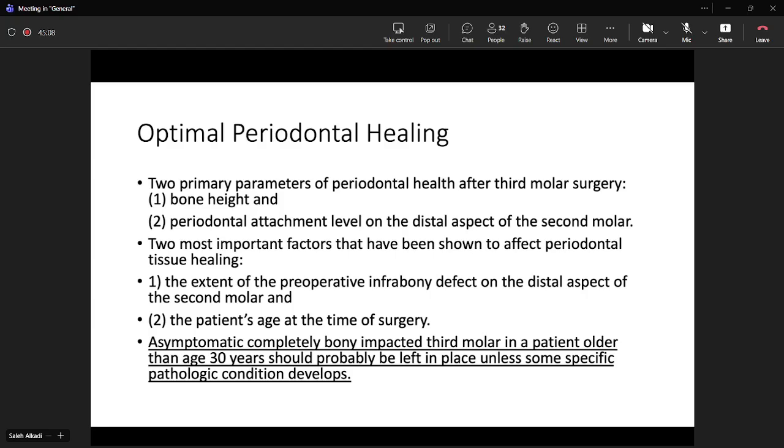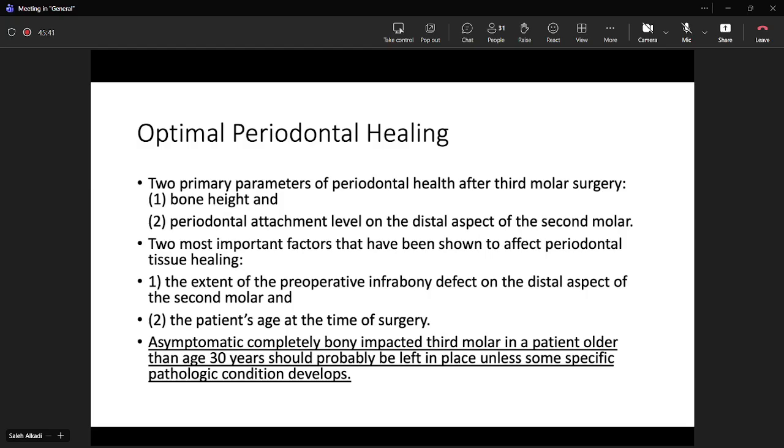The recommendation here is that an asymptomatic, completely bony impacted third molar in any patient older than 30 years should probably be left in place, unless some specific pathological condition develops, like say a cyst, or a fracture passing through this wisdom tooth, or any pathological lesion. The reason behind this recommendation is that patient age affects to a great extent the periodontal healing after removal of that wisdom tooth.